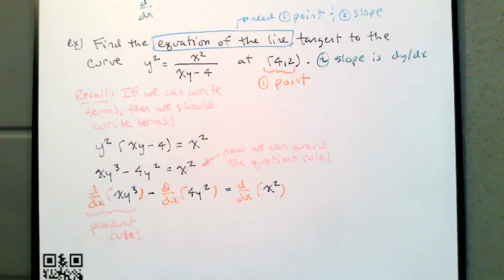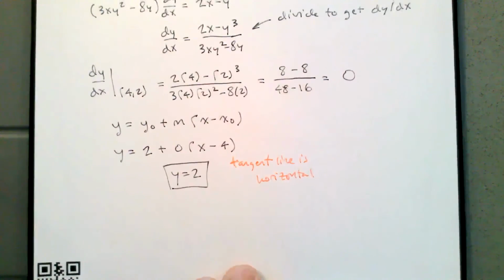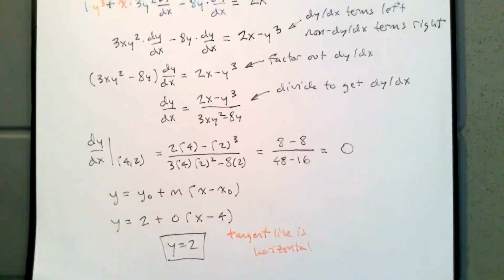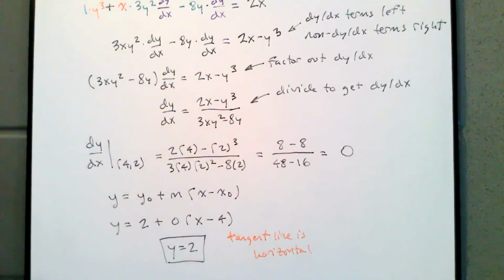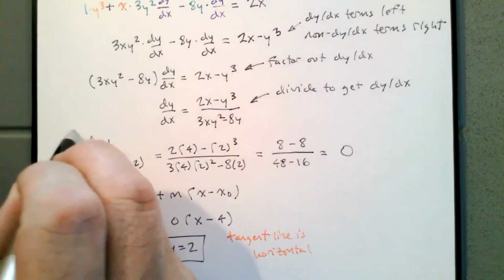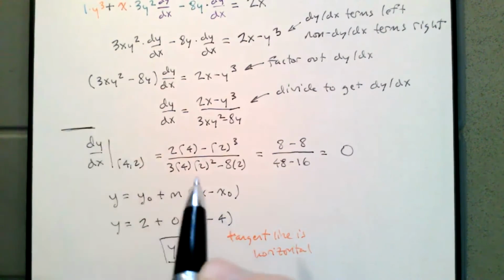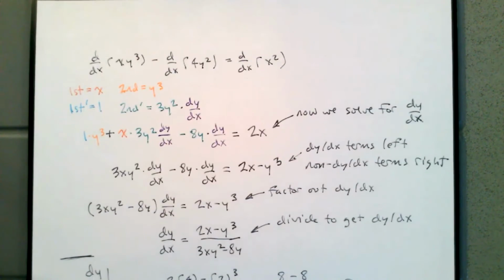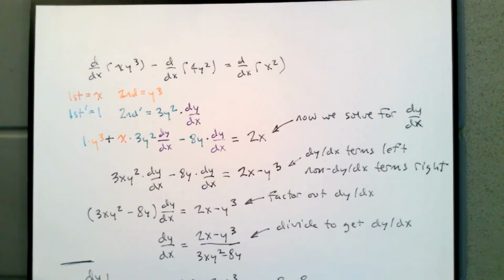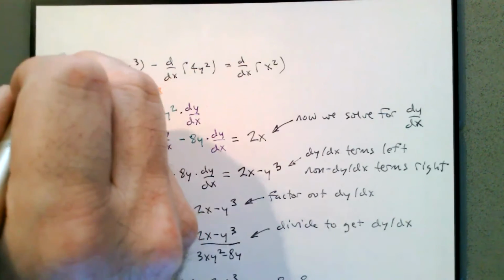Can we go back to the next page of notes? Yeah, we had several phases. So here, in the first part of this page, we were finding the derivative with implicit differentiation. So that's what this phase was about.